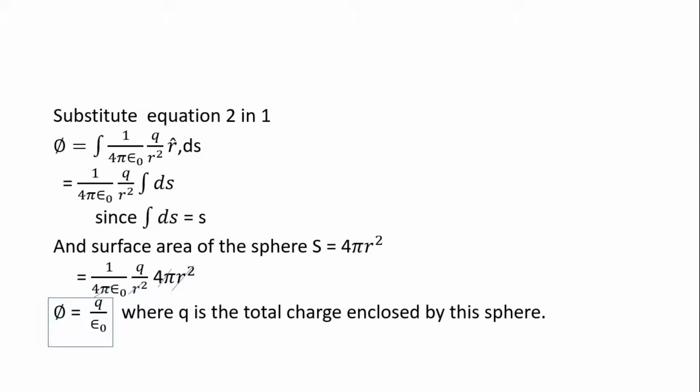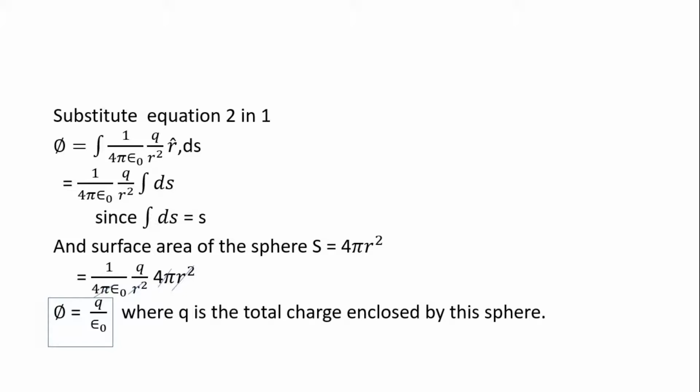So 1 by 4 pi epsilon naught and Q divided by R square, taking outside the integral sign, and just integrate dS. Integration of dS is S, right? And the surface area of the sphere S is equal to how much? 4 pi r square.